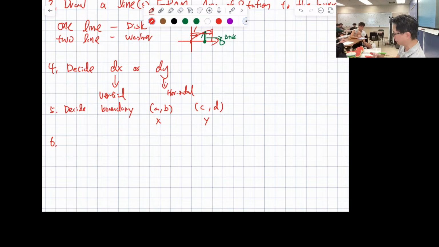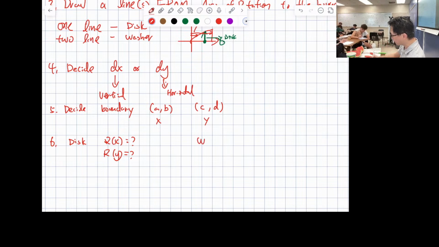Question 6 is you decide a boundary. You also need to decide, are they disk? If it's a disk, you have to decide what is r of x or what is r of y. So you have to figure out what they are. So what is the function that represents the r?